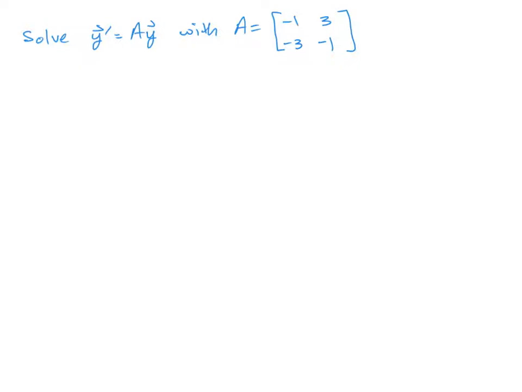Okay, so we've done two examples now with real eigenvalues that are distinct and not repeating. So now our next example, we're going to move on to complex eigenvalues.